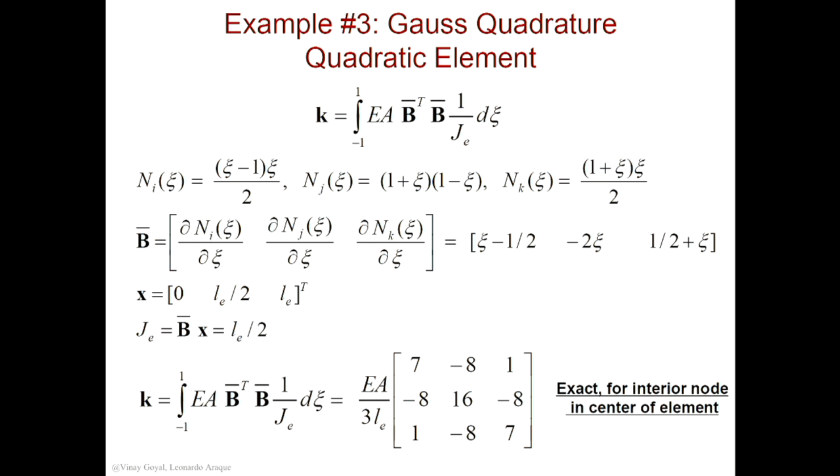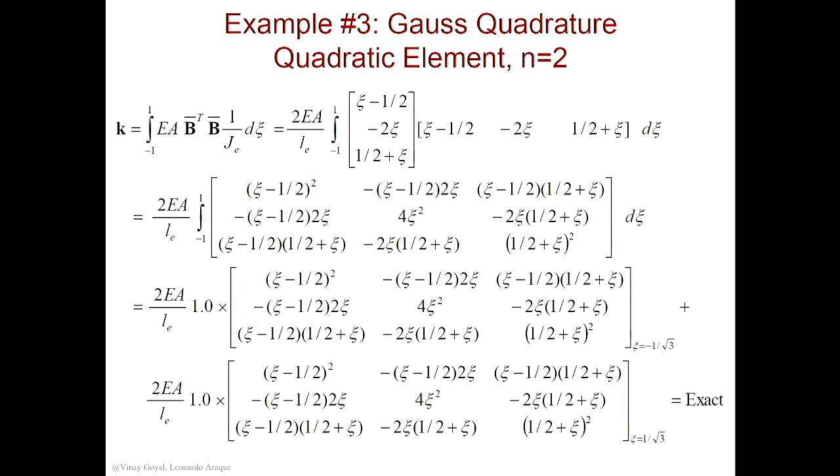So I could have integrated this problem with a middle node right in the center, and I did that for this example, for an element that goes from 0 to LE with a center node. When you integrate it, the exact solution is given here. Just for kicks, to see if the Gaussian integration works, I multiplied this in Mathematica, and this is my new phi.